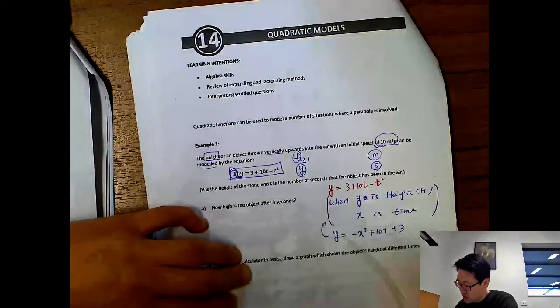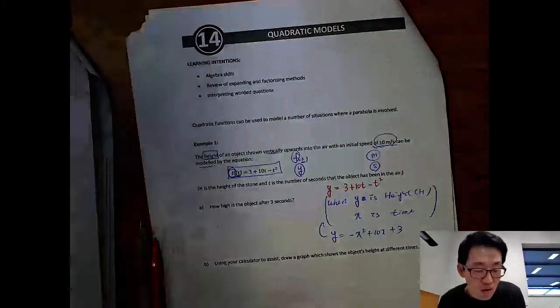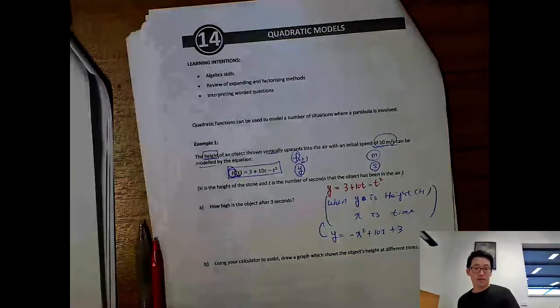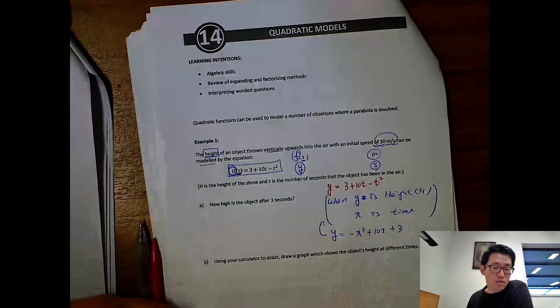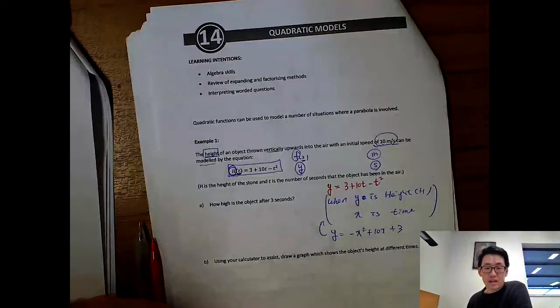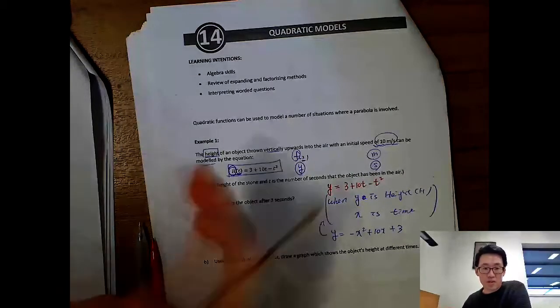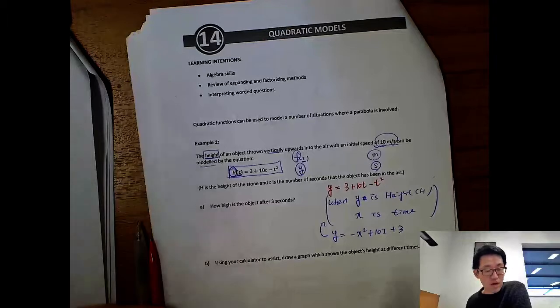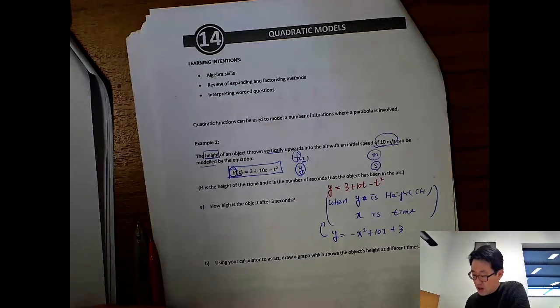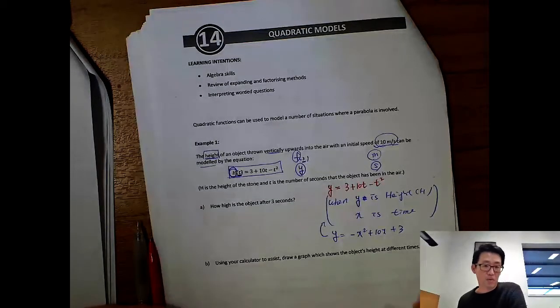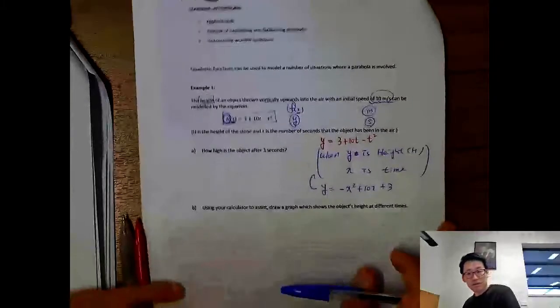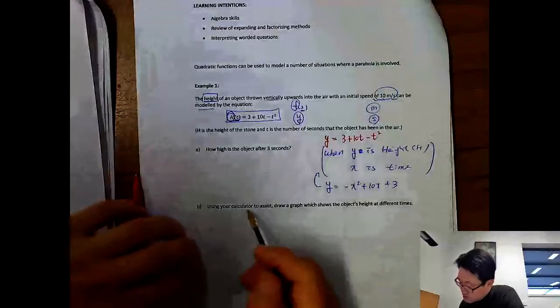If you want to deal with x and y, then you can write it down and deal with x and y, and at the end of the question you can convert what is x and y. Much easier. Otherwise, just deal with h and t. Doesn't really matter, whatever works. Sounds good? Okay.